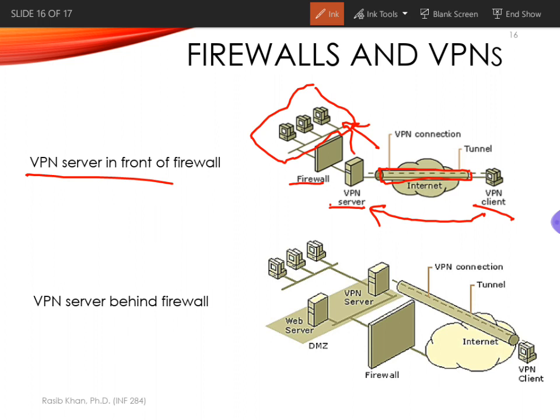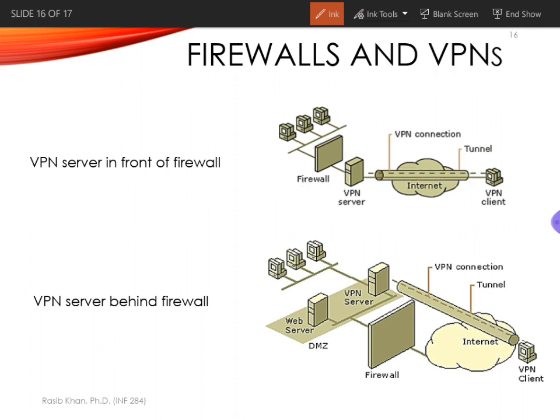So any connection that originates from the VPN server is allowed into the private network. Anything else other than this will not be allowed. So this happens when we place the VPN server in front of the firewall.